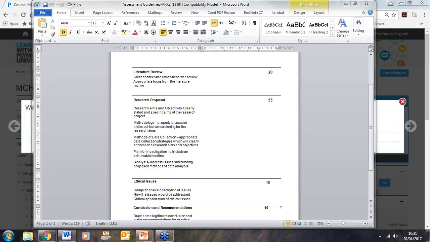What I would say is if you are likely to change, just keep in mind how long some of these things take, and how for your dissertation you would have to then redo a literature review, redo a research proposal. So if you choose a subject now, it doesn't have to be the same one that you wrote the previous assignment on.